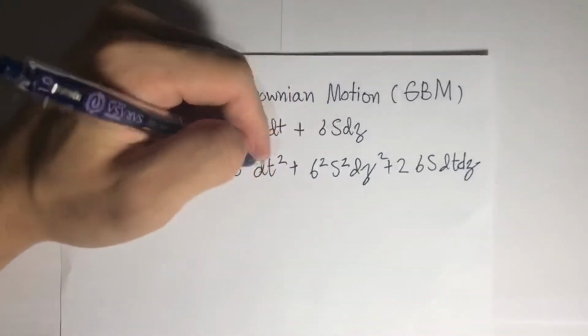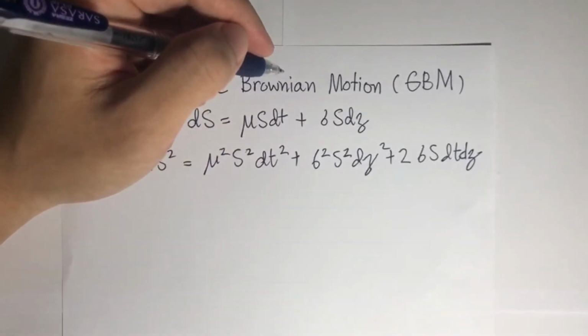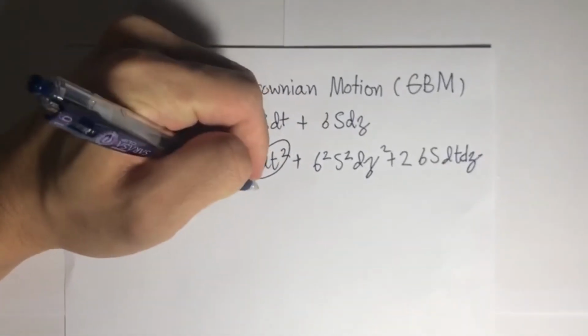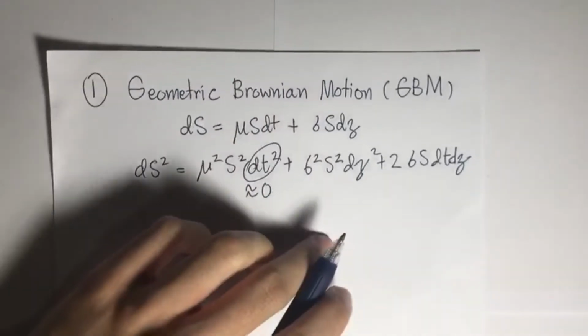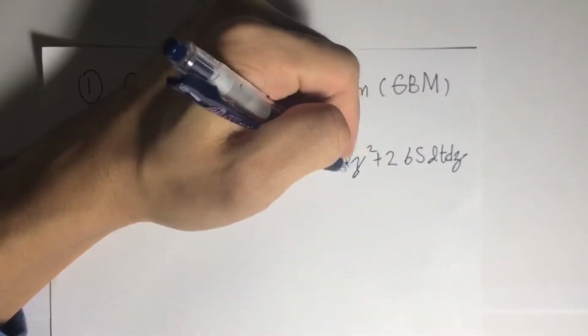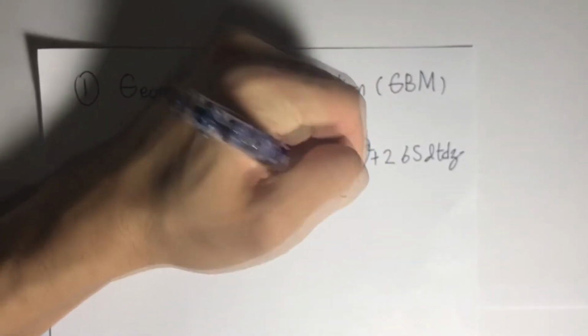We see that as dt itself is very small, dt squared is approximately equal to 0. And then for dz squared, we see that it's approximately equal to dt.